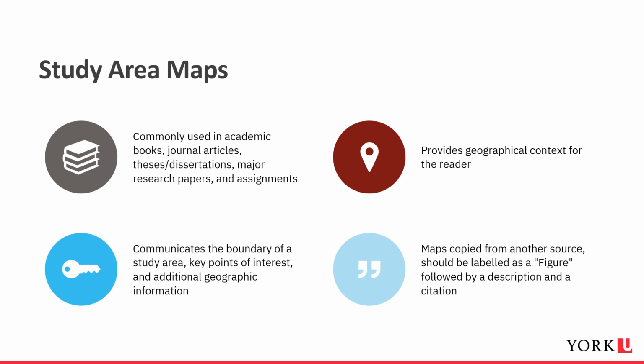This map type usually communicates the boundary of a study area, identifies key points of interest, and additional geographic information. A study area map might be copied from another source and labeled as figure, followed by a description and a citation, because other existing maps might be reused in studies.